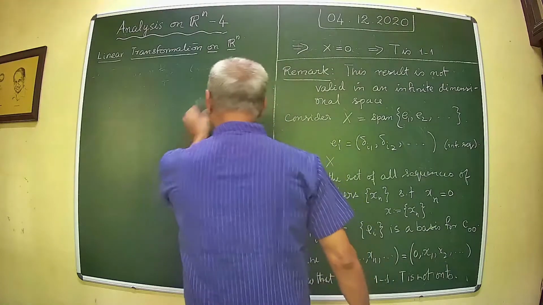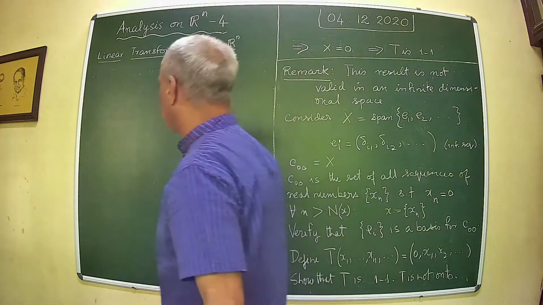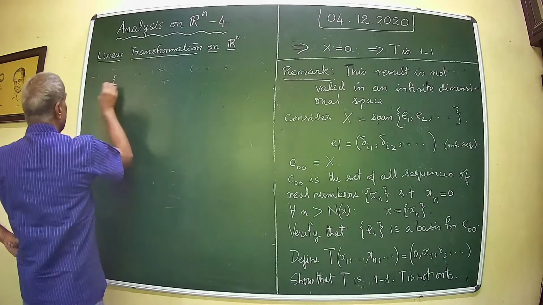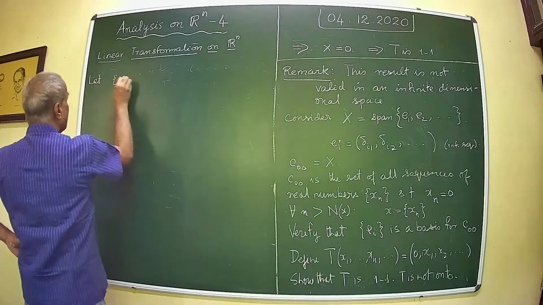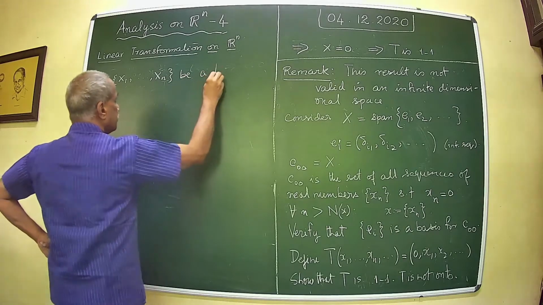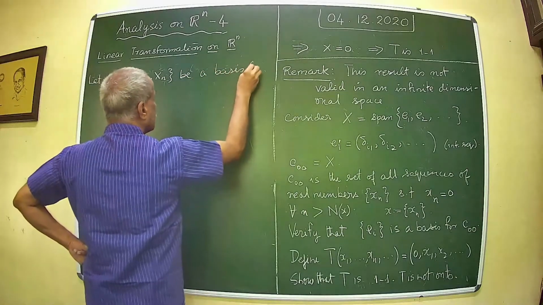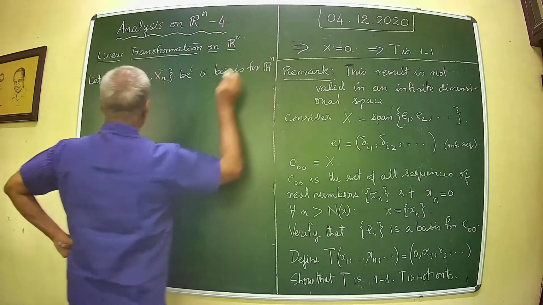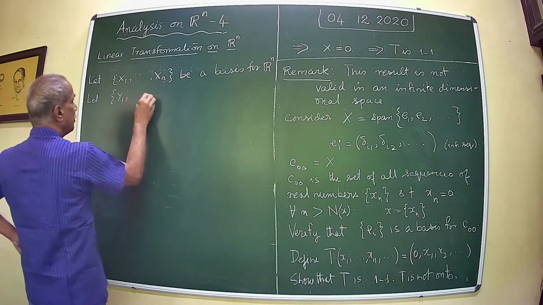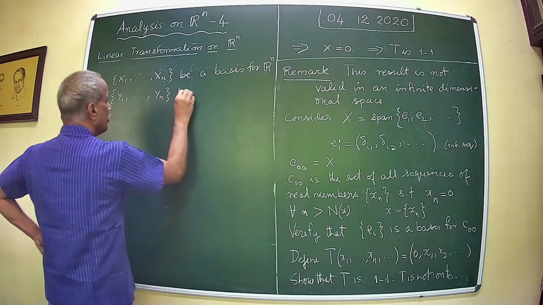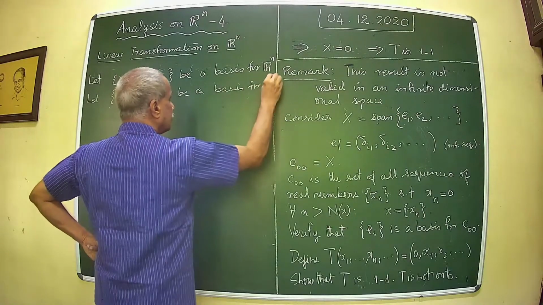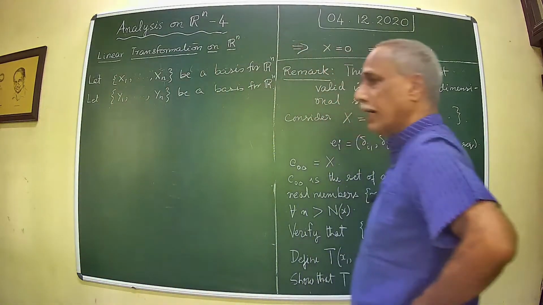So you see that a change of, suppose you have two bases. Say, let x1, ..., xn be a basis, and let y1, ..., yn be a basis. Now there are two bases that we look at.